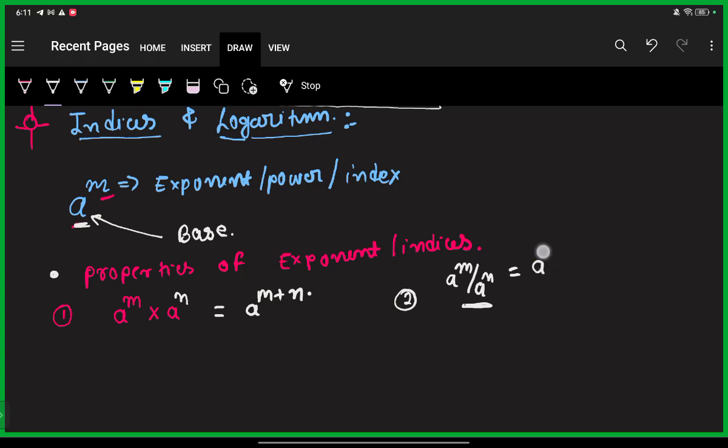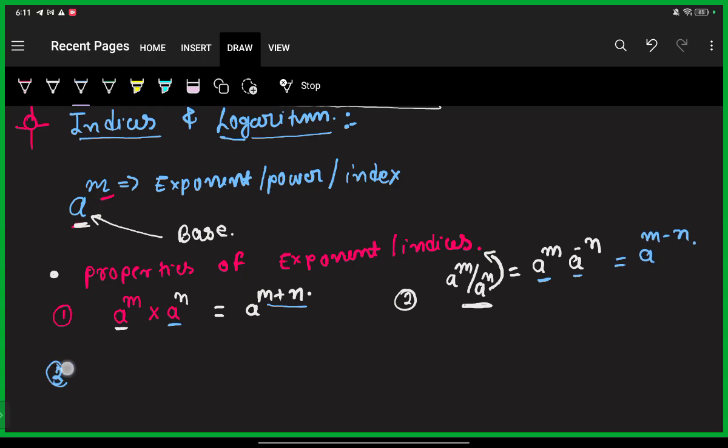A raised to m, and if you take this term in the numerator, its power will become minus. Since here the bases are same, as you can see, here also the bases were same, that's why we can add the powers, right? So here also the bases are same, that's why a raised to m minus n. Okay.